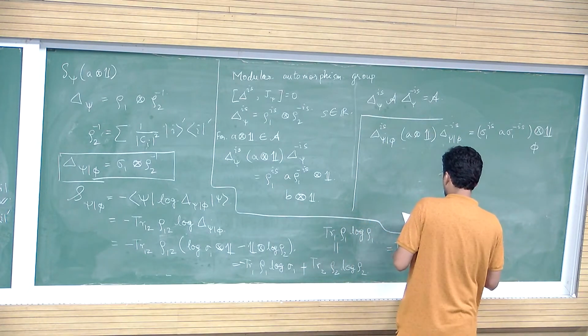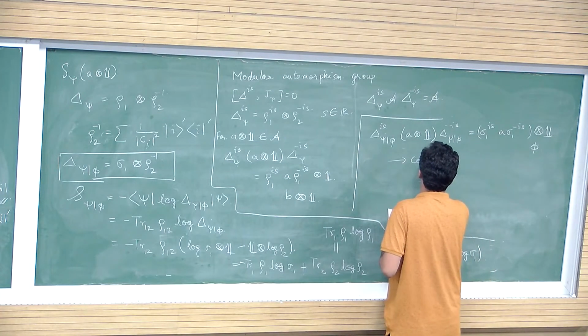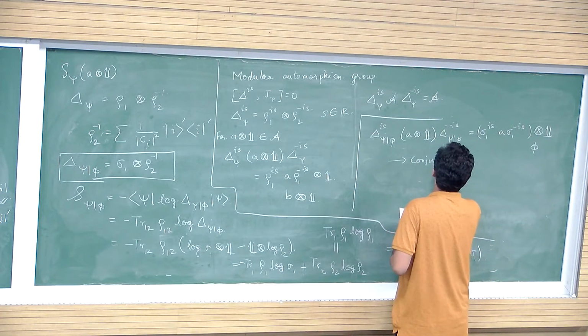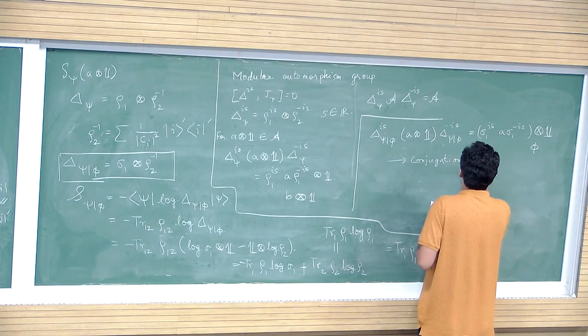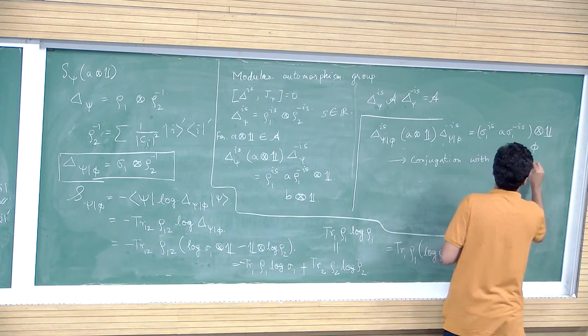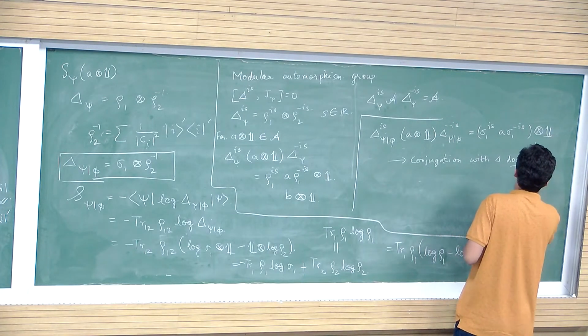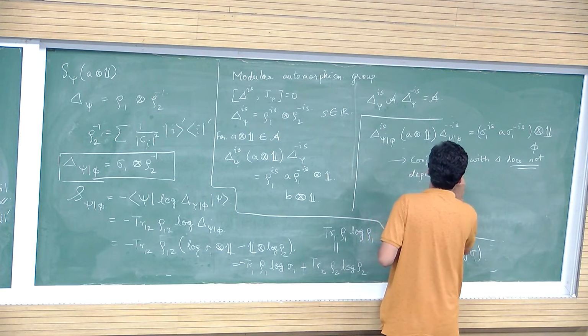So here what you see is this process that we did with deltas, it is known as conjugation. So, conjugation with delta does not depend on psi.